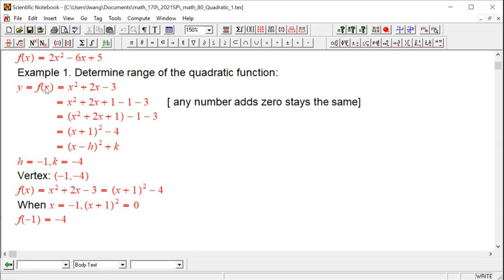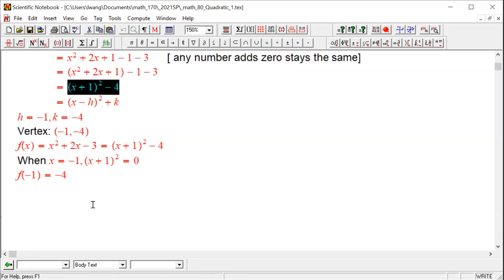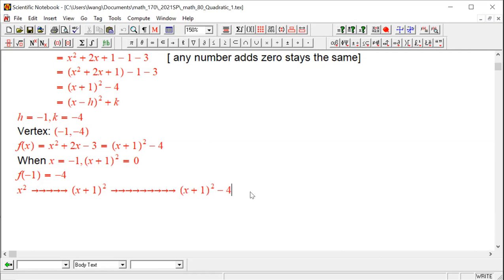So if we graph this curve using this form, how would we graph it? If we utilize the knowledge we learned before, we first graph x squared, and from x squared we graph (x + 1) squared, and from (x + 1) squared we graph (x + 1) squared minus 4.